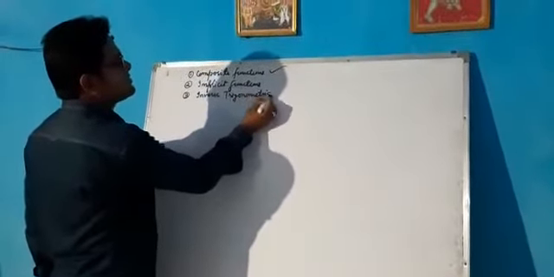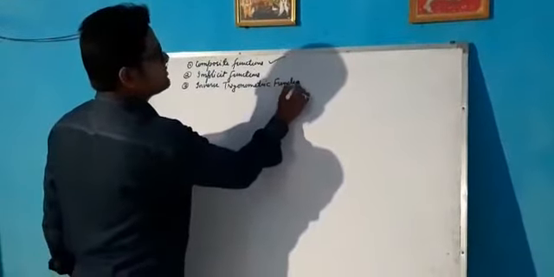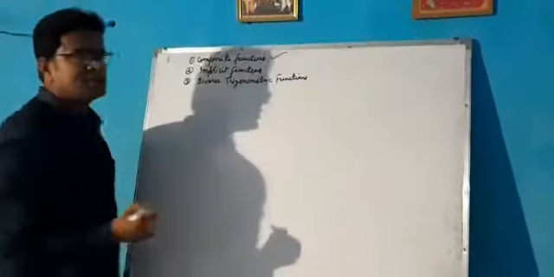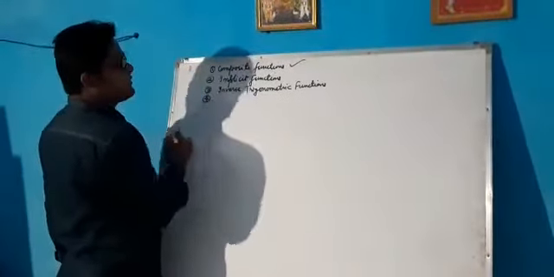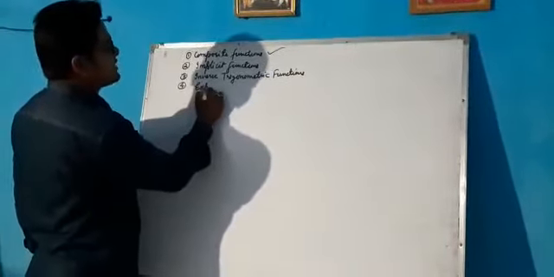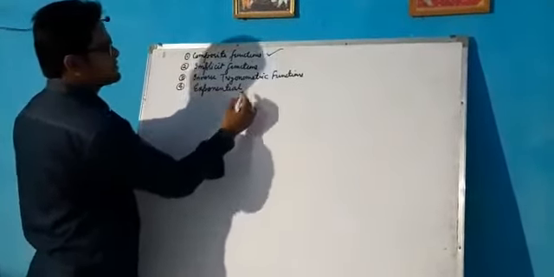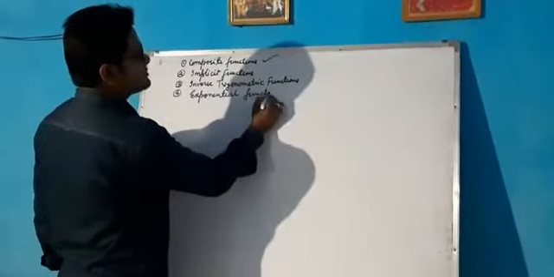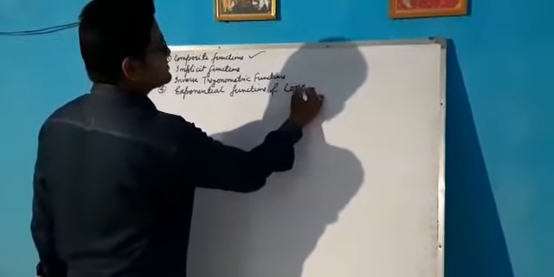We can change inverse trigonometric functions to simple trigonometric functions, or circular functions, and we can easily find the derivatives. Then, after inverse trigonometric functions, we have exponential functions and logarithmic functions.